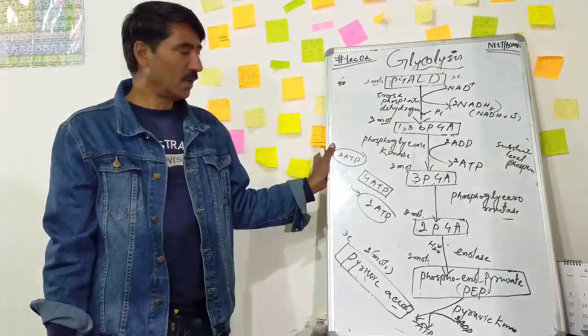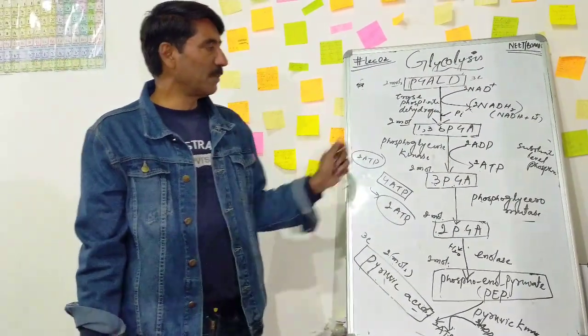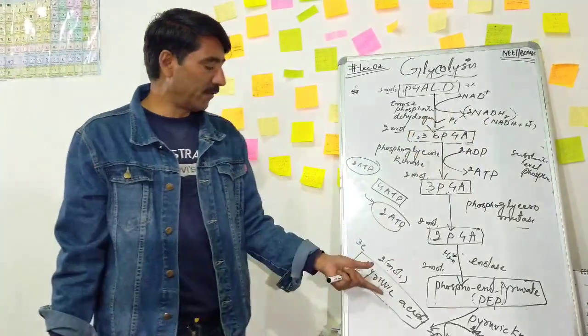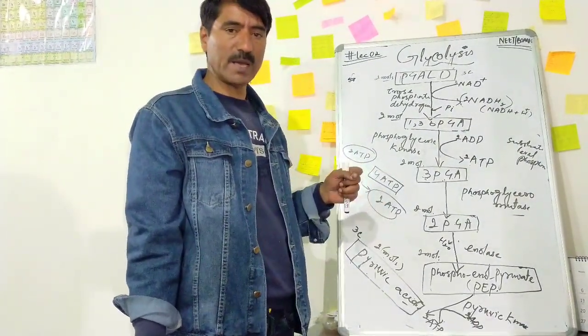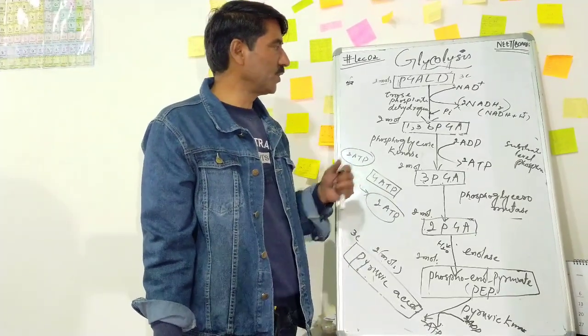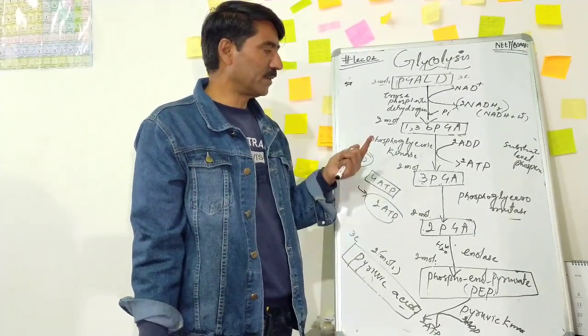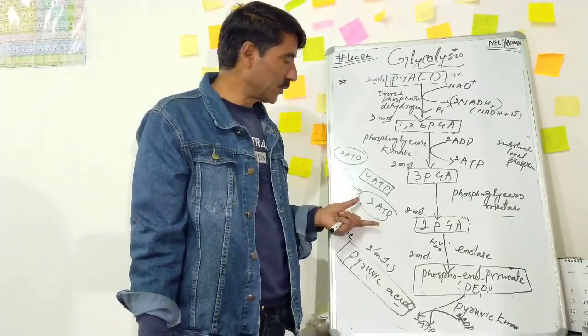Now in an anaerobic organism, with the help of this NADH2, pyruvic acid may either change into an alcohol or into an acid. There is incomplete oxidation, so the net gain would be only 2 ATPs.